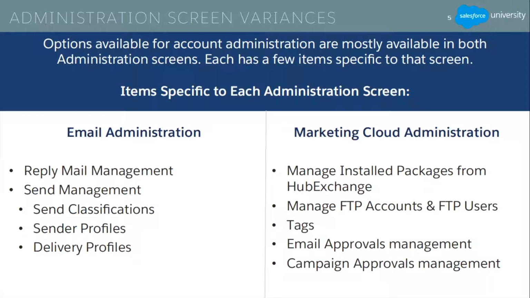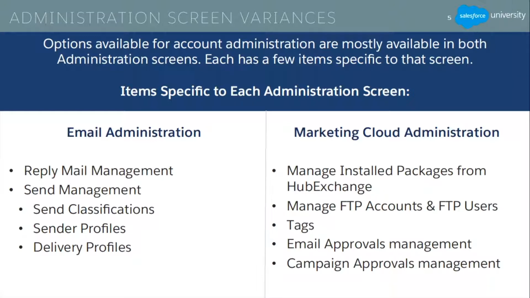Under the Marketing Cloud Administration screen, we're going to see installed packages from HubExchange. So, for example, our implementation with Marketing Cloud Connect that connects your Salesforce.com environment to the Marketing Cloud. Or the other installed package we have is Microsoft Dynamics for their CRM.